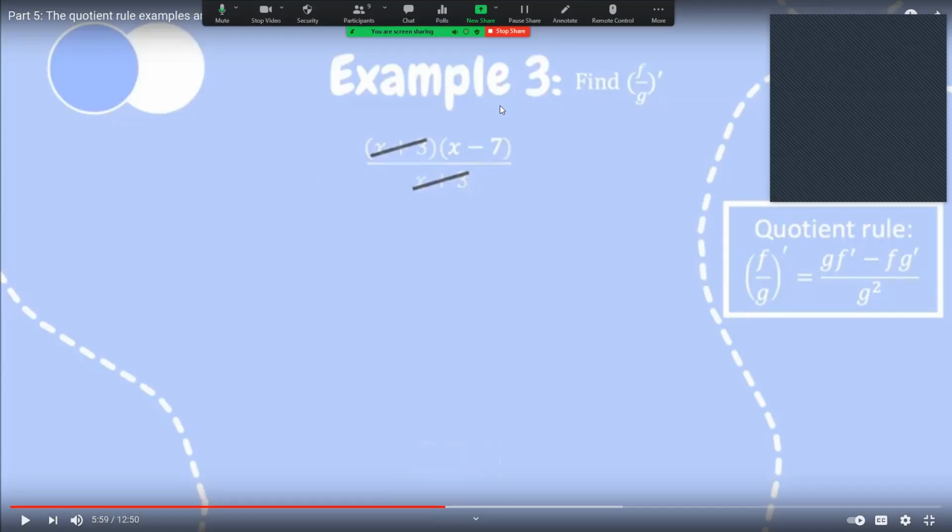So it's not just factoring. Any sort of algebra you can do to simplify your quotient before differentiating is wise. If you're very lucky, you'll no longer have a quotient. Even if you do still have a quotient, like if there was another factor down here, canceling the x plus 3 would be nice because you'll have fewer pieces to deal with and overall a smaller expression at the end.